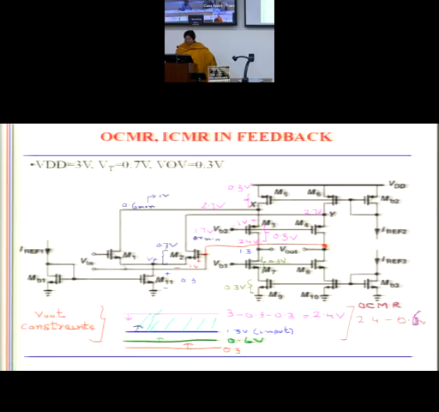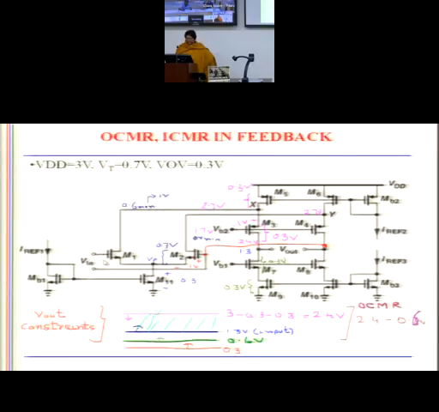Okay? So this is 1.9. How much is this giving you? This is 1, and this is 0.3. So if you have 1.3 over here, will this path operate? Justify. Yes or no?